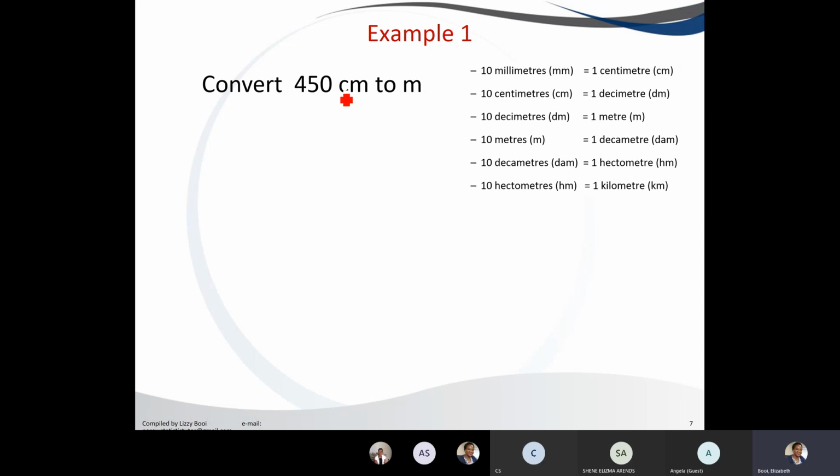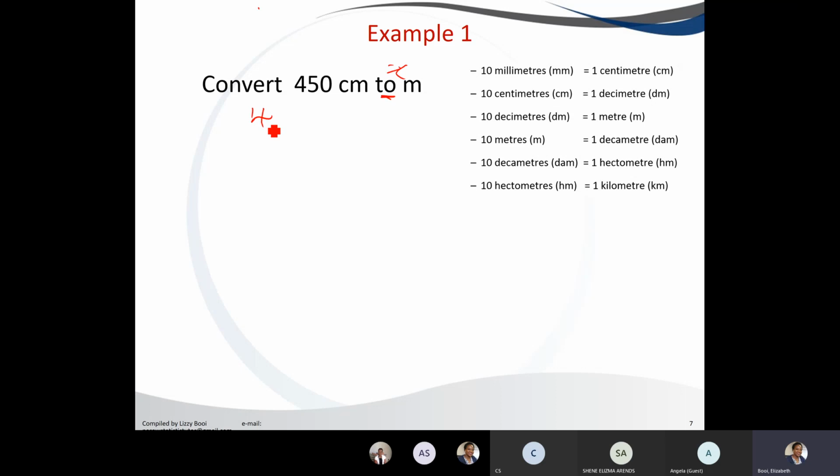So if I take my centimeter and I know that I must convert to X meters, because I don't know how many meters, I'm going to label it as an X. Remember in the first session where we did the ratios, for those who attended, we apply the same concept.